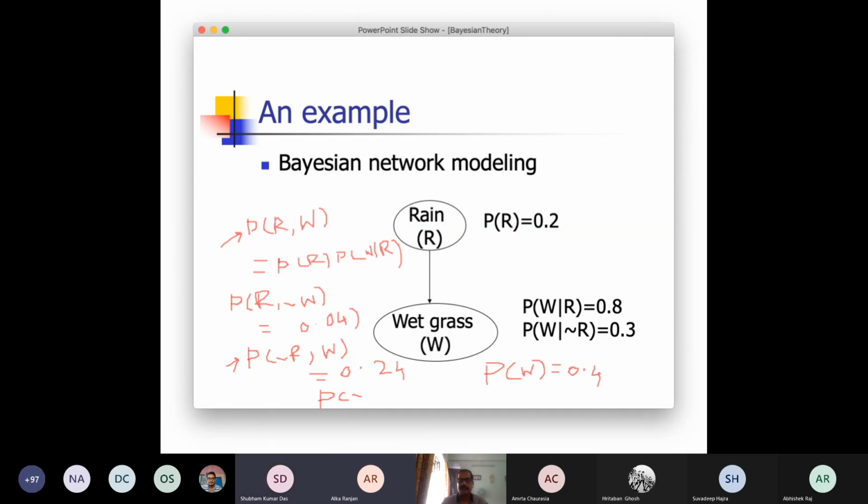So you see, I have given you 3 parameters with this network, but you can infer all other probabilities, including marginal probabilities, because you can have the complete joint distribution of these 2 random variables. So this is a very simple case.